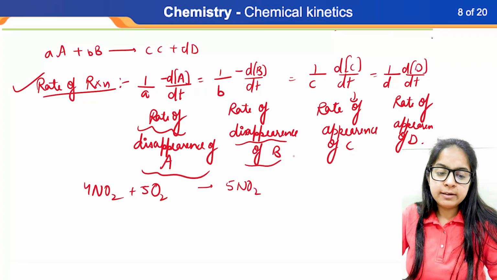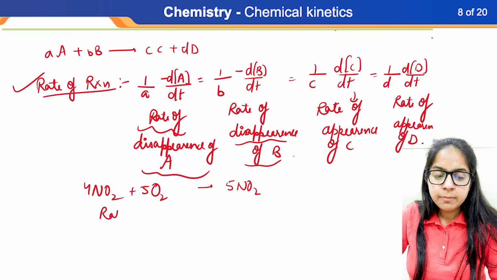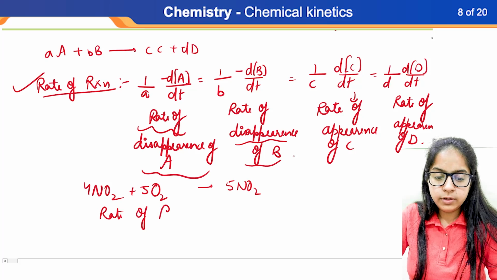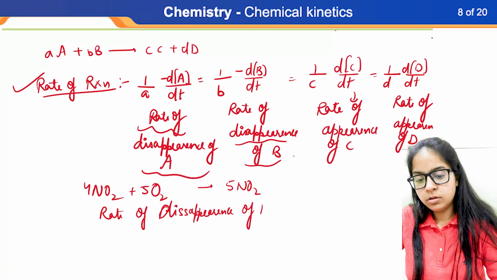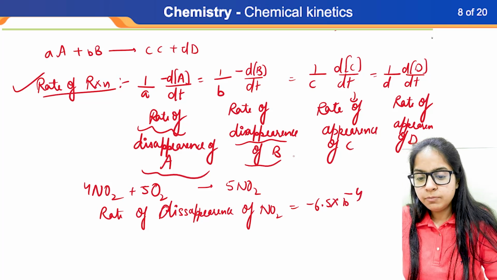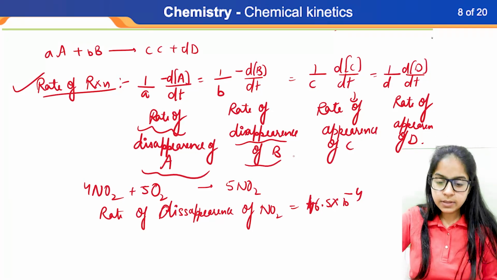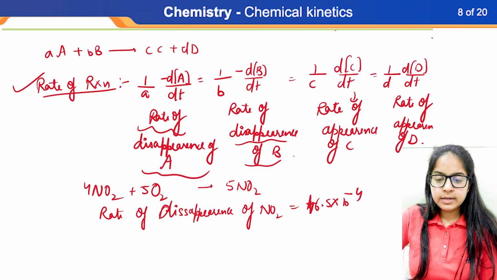I am just writing a vague example, but I am giving you the rate of disappearance of NO2 as 6.5 into 10 raised to power minus 4. I am not giving minus or plus, because disappearance itself means minus. So this is the rate of disappearance.